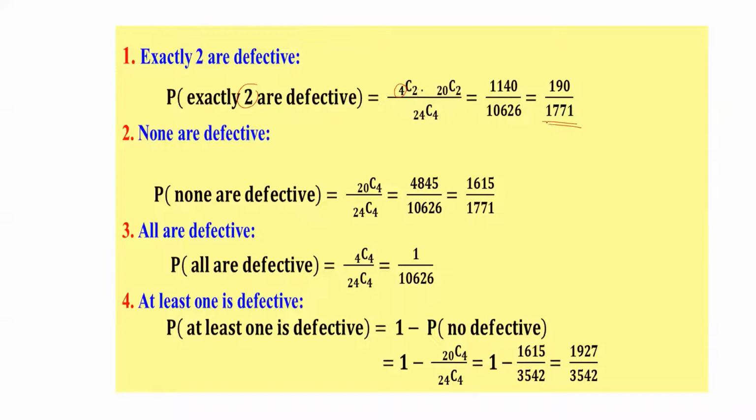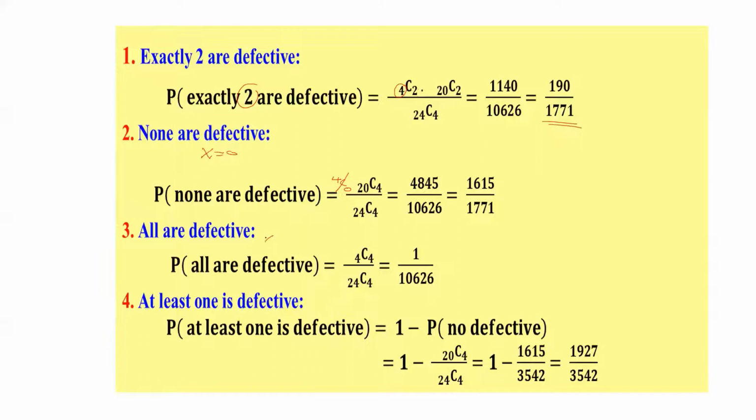This is the value. None means we put x equals 0, so we have 4C0, which equals 1, that's why it's not written here, multiplied by 20C4 over 24C4.